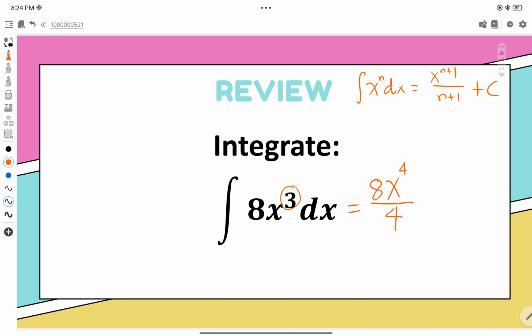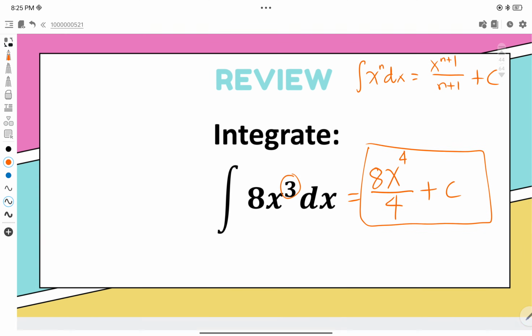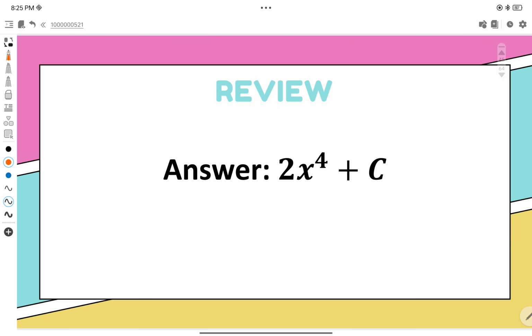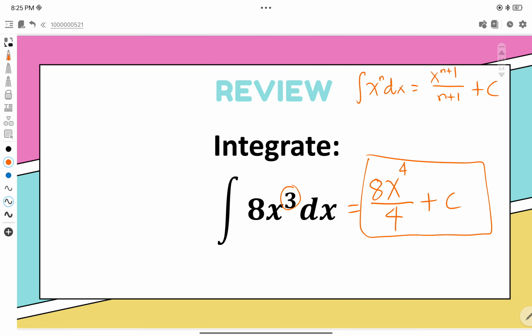We talked about the reason behind why we have this integration formula. It's actually derived from the differentiation formula. So that's plus c. Another example. We can simplify this further to x to the 4th plus c.